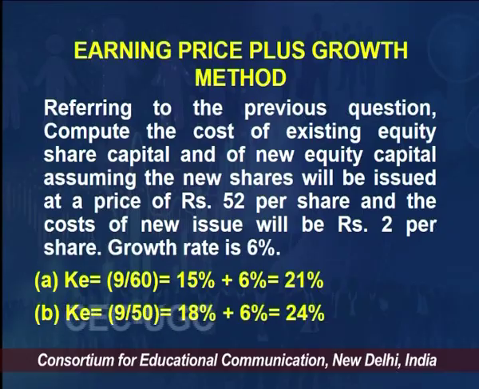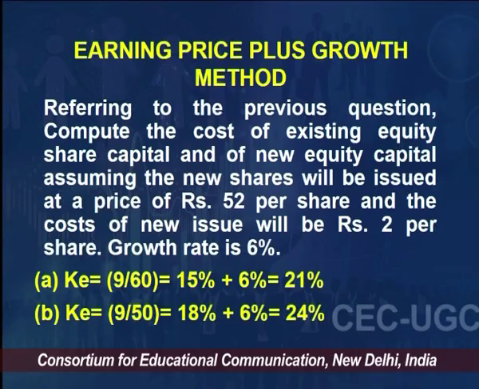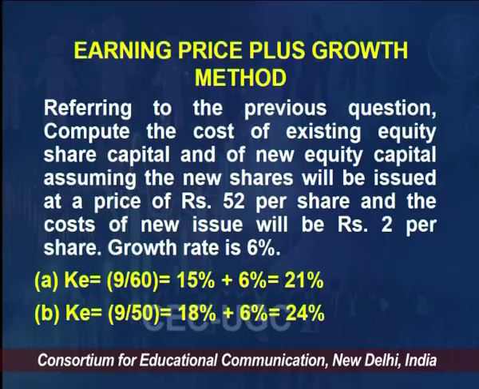Same way for part 2, where we are issuing new shares at 52 by subtracting 2 rupees as issuing charges or offering charges or underwriting charges, whatever the expense we are incurring to sell a new share, that is 2 rupees in this example. So it becomes 52 minus 2, meaning 50. So 9 divided by 50 plus the growth of 6%.